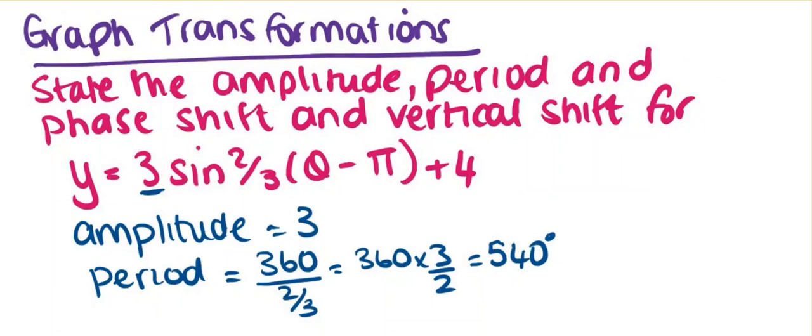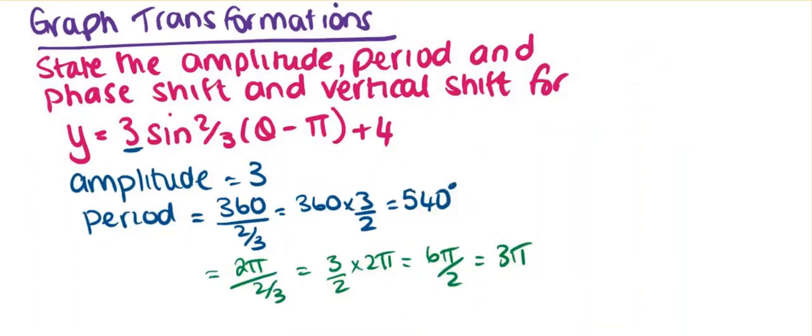If we were to work out the period in pi, we'd say 2 pi divided by 2/3. This is going to be 3 over 2 times 2 pi, which is 6 pi over 2, which is 3 pi. So the amplitude is 3, the period is 540 or 3 pi.